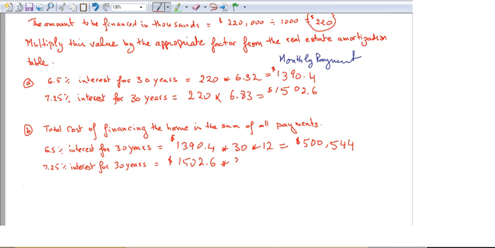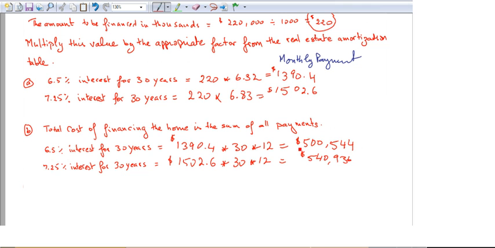And the next one is 1,502.60 multiplied by 30 multiplied by 12 months. So it's going to give us $540,936. So this is the total cost if we purchase a home for $220,000 and the interest rate is 6.5% for 30 years.